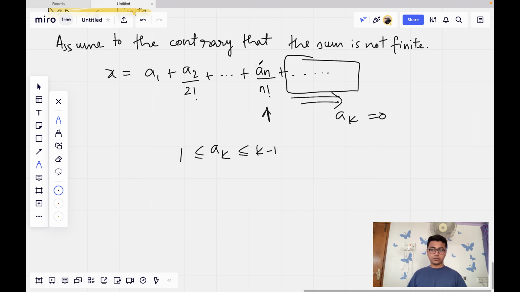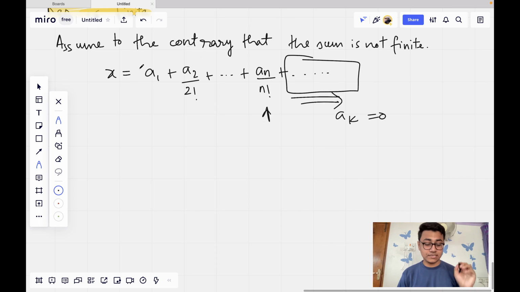That is, we want all of these coefficients to be positive. In order to do that, we have to look at a subsequence of the natural numbers. We won't look at a1, a2, a3, a4. Instead, we will look at a_{i1}, a_{i2}, a_{i3}, all the way till a_{il}, and so on.